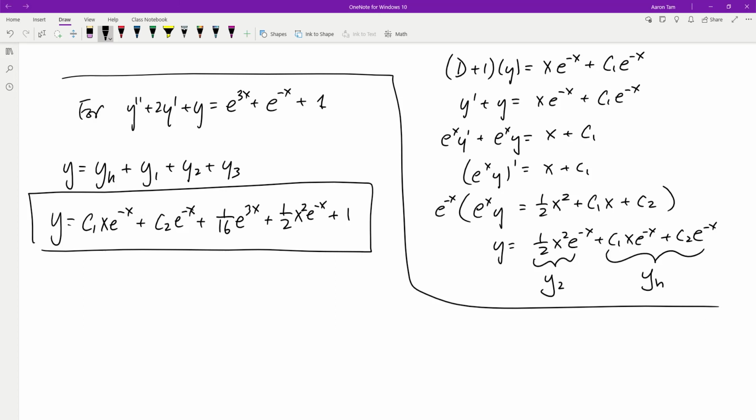Your particular solution has as many terms as there are different functions forming the function f. So the more functions you use to form f, the more terms you have in your particular solution. The higher the order of your differential equation or differential operator, the more terms you have in your homogeneous solution.